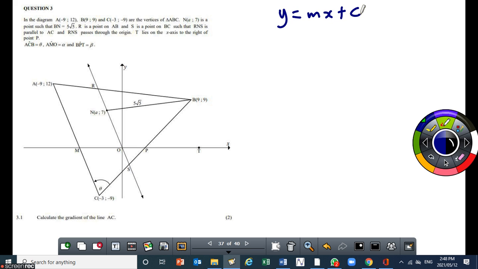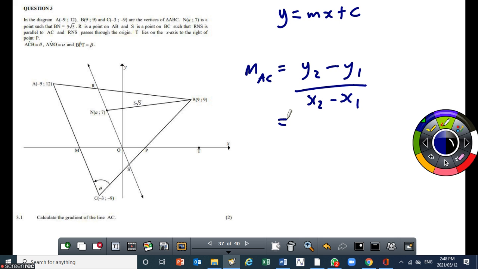You go to the diagram, that's point A, you know the x and y value. Point C, you know the x and the y value. So our gradient for AC is going to be y2 minus y1 over x2 minus x1. Now it is your choice to decide which one you want to make your y2 and your x2.